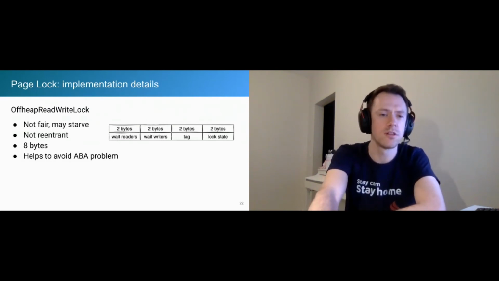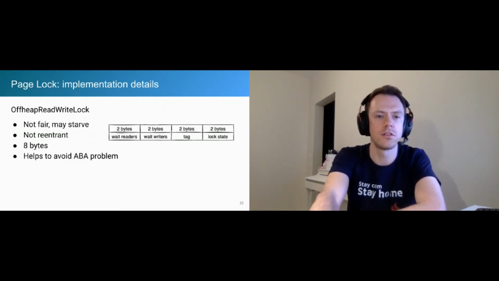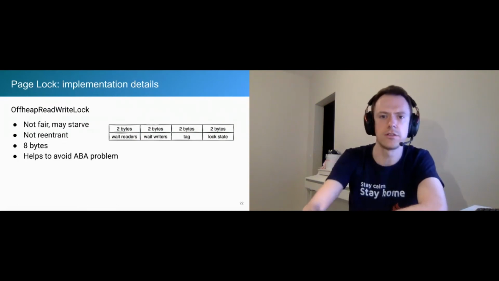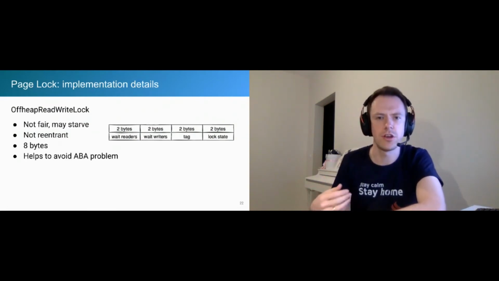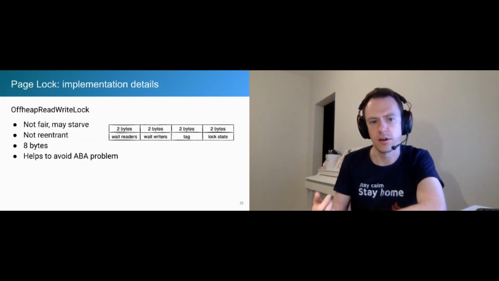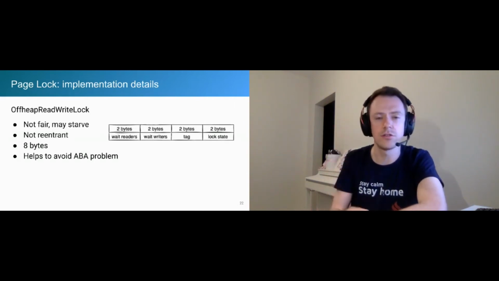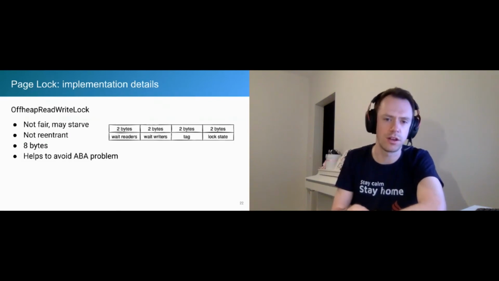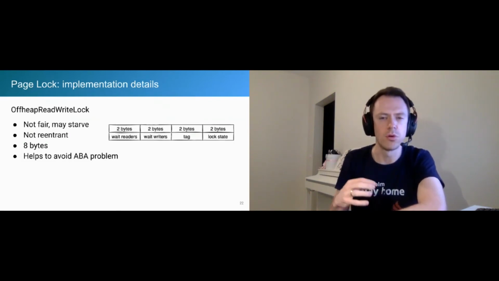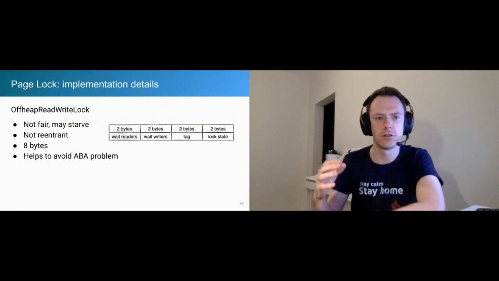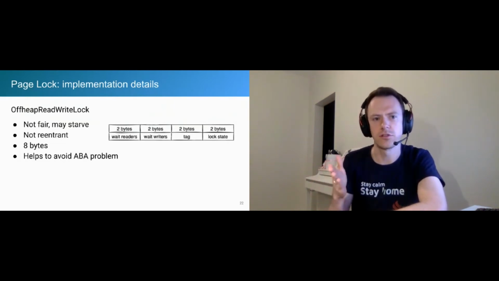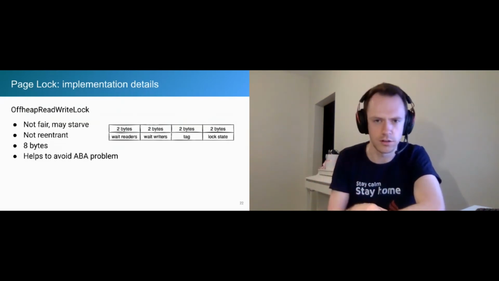From the implementation standpoint, the lock is not fair, and theoretically there are situations when reader or writer threads may starve. We try to give preference to writer threads, but also employ some randomization that helps us to balance between readers and writers.